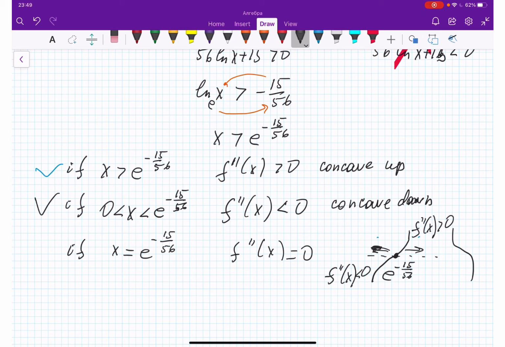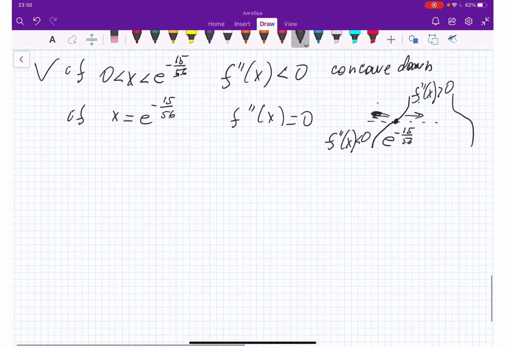On the interval where x is greater than e to the power negative 15 over 56, the function is concave up. When x is between 0 and e to the power negative 15 over 56, the function is concave down. And when x is equal to e to the power negative 15 over 56, we figured out that we have an inflection point.